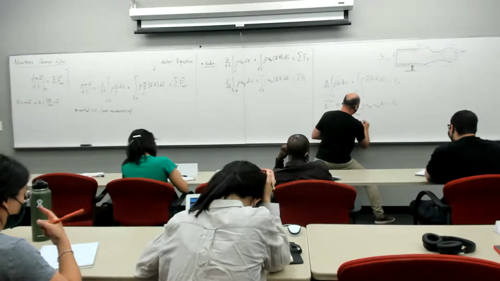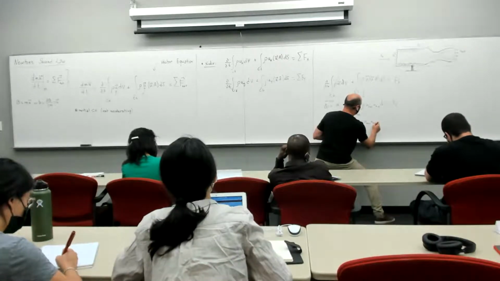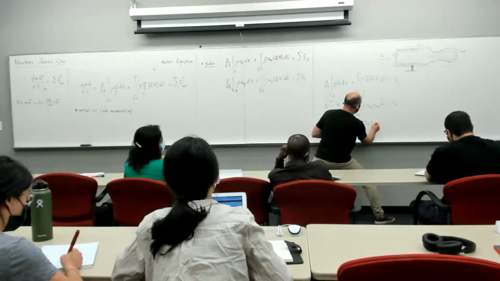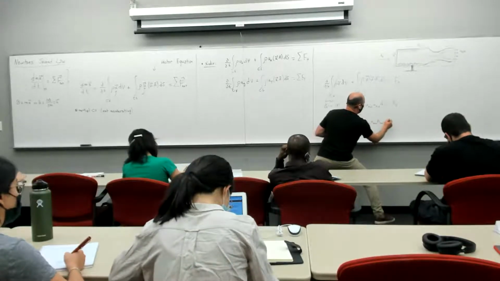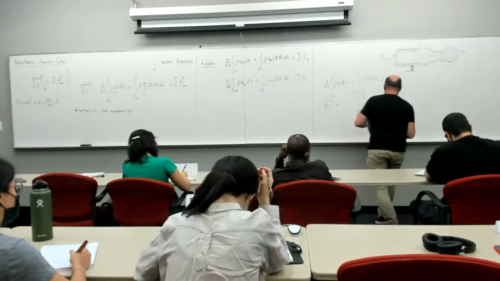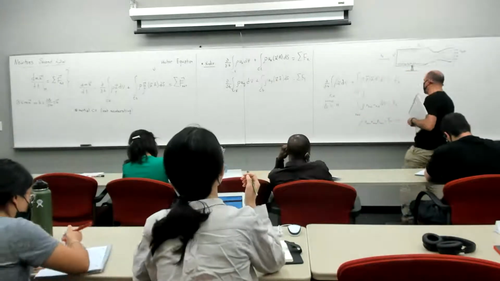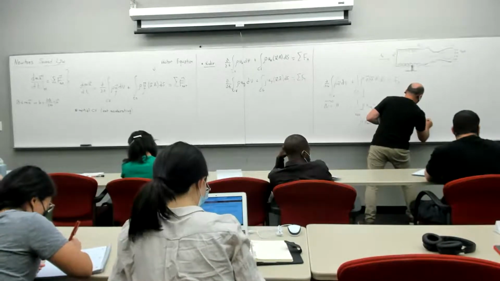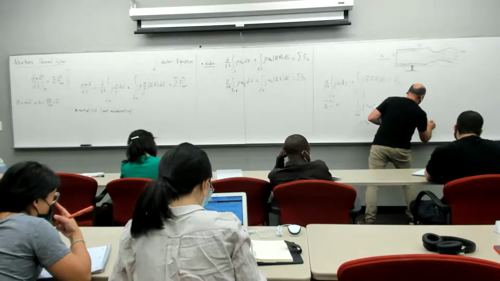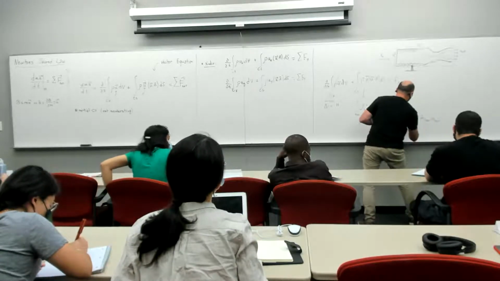So you get rho u out times the area, equal to Fe. That simply is expressed as, rho u out times A is the mass flow rate. So F, the thrust force, is the mass flow rate times the exit velocity.